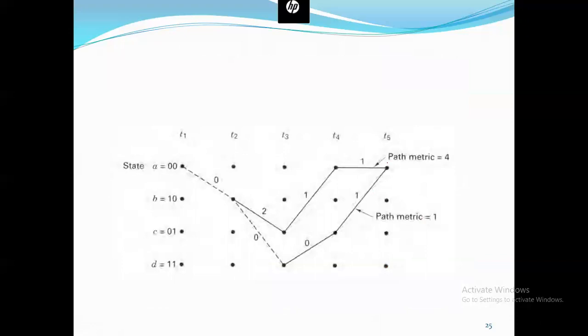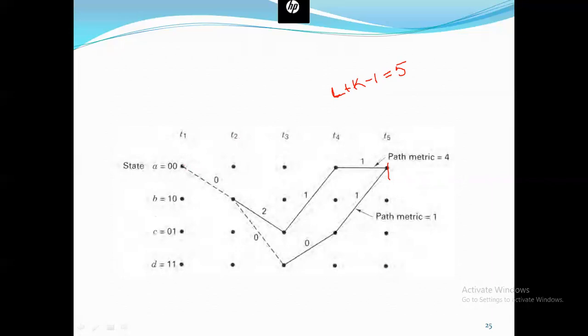Now at T5 time, we know that we have to terminate at the branch L plus K minus 1, so we have to terminate at 5. So we have terminated at 5.